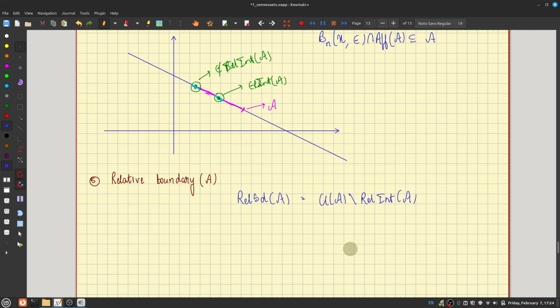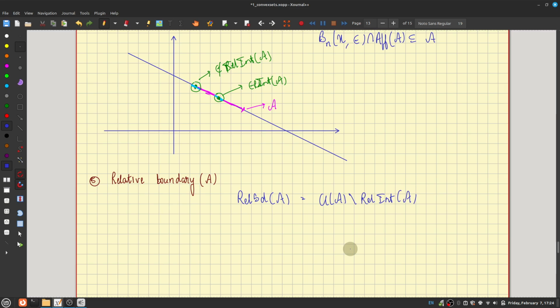The relative boundary of A will lie on the affine hull of A. The relative boundary of A will lie within the affine hull of A. Yes. Again, it's a subtle point, but the closure of A will lie within the affine hull of A, by the definition of the affine hull.